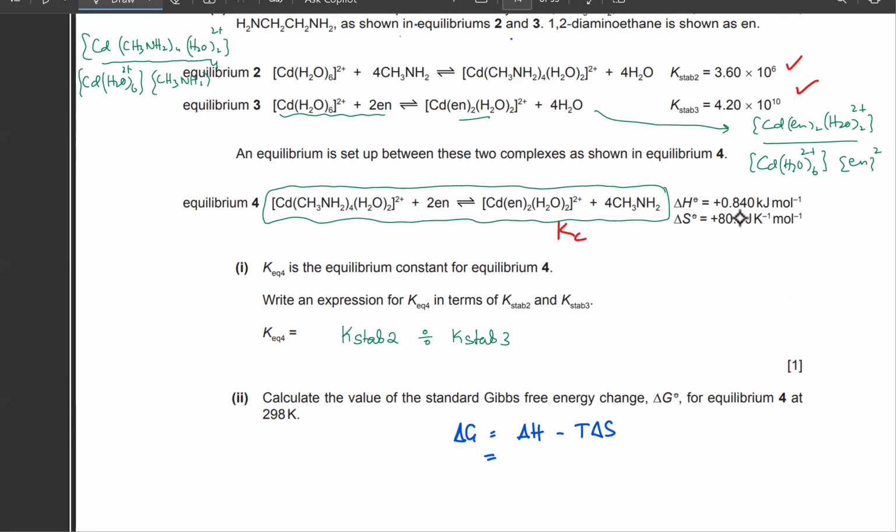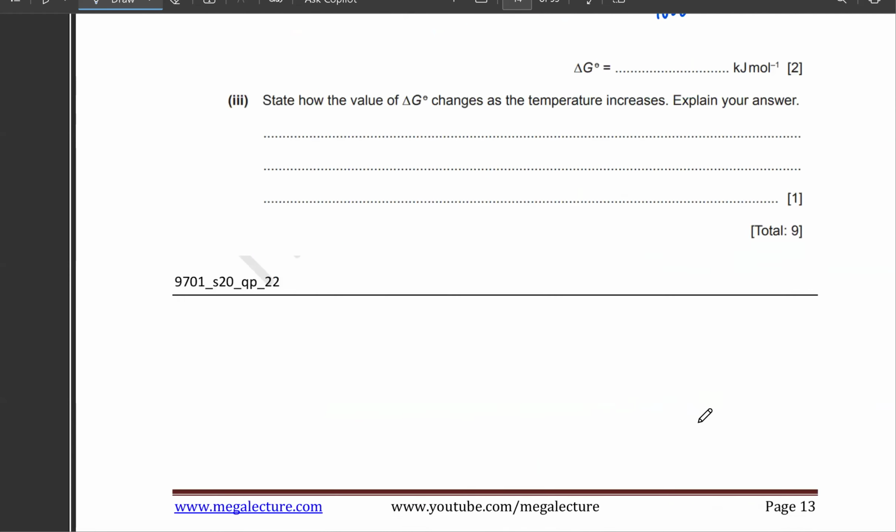So delta H is given, that's 0.840, minus the temperature is given, that's 298, and the delta S is also given, that's 80.9. But it should be in kilojoules, so I'm going to divide that by 1,000. You solve this and you'll find delta G. Is that clear? Yes, thank you, sir.